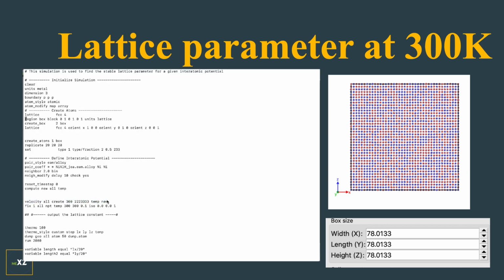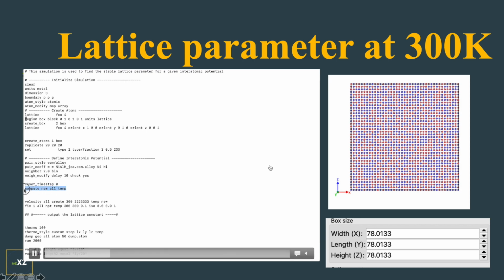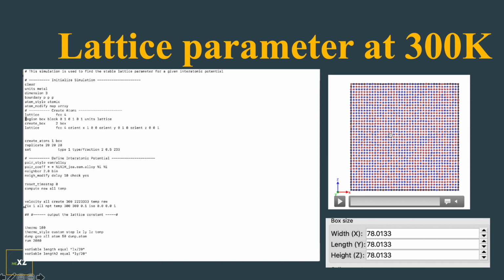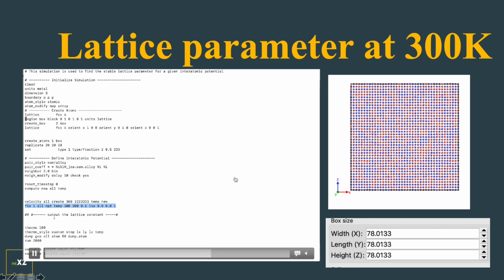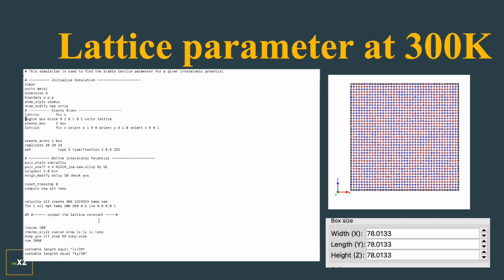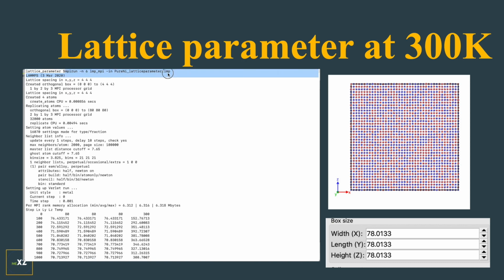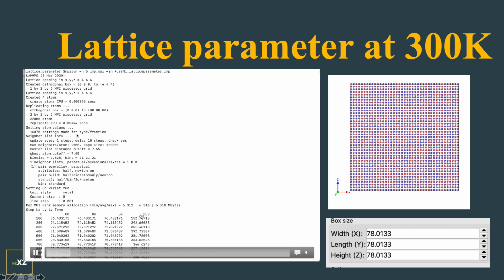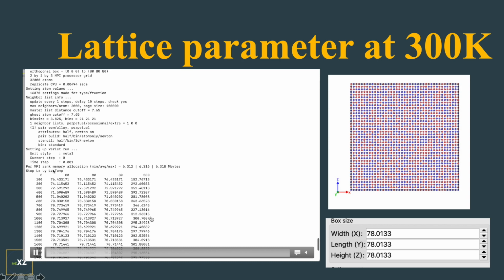This is the LAMMPS code that I'm using, and I set the fraction to 0.5, so you can see there are equal amounts of blue atoms and red atoms. I'm using the fix npt command and the run command to do the simulation. After I run the simulation, you can see that the temperature initially is 300 Kelvin, but the lattice parameter doesn't allow for that.